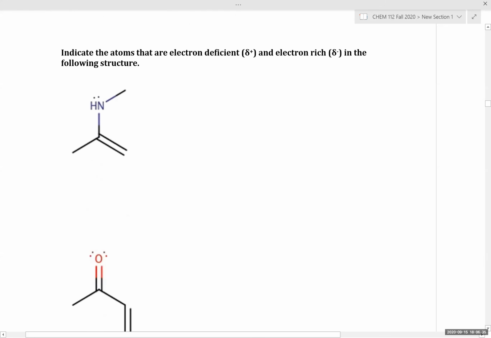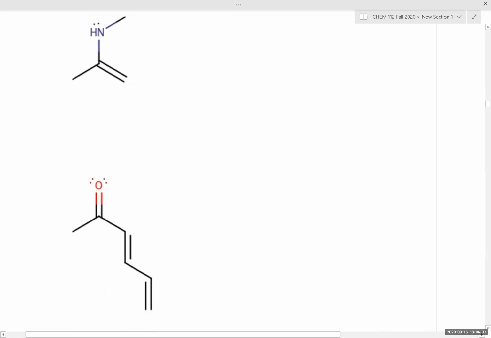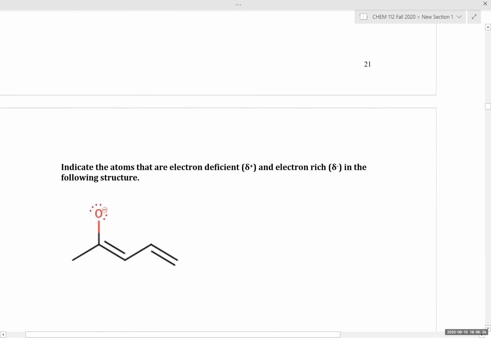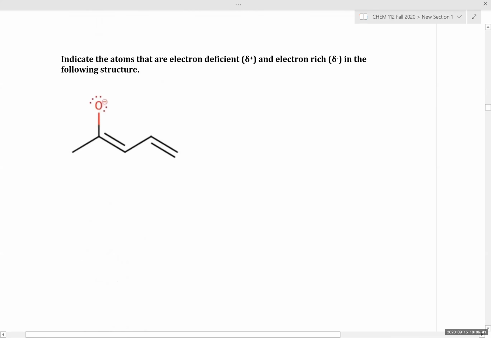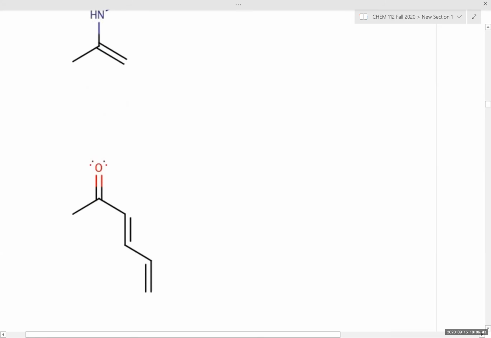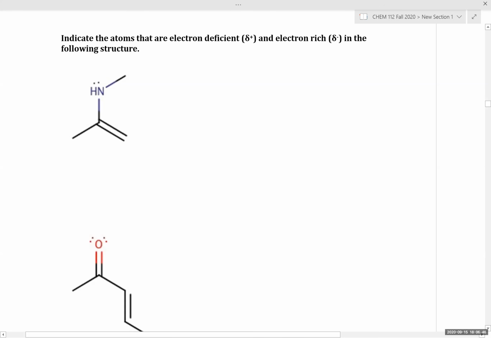So let's do an example. I have a series of examples proposed, and what we're going to do is I'm going to do the first one and you'll do the second one. So let's look at this motif that we've seen time and time again.